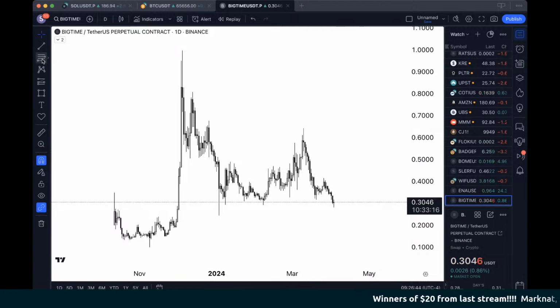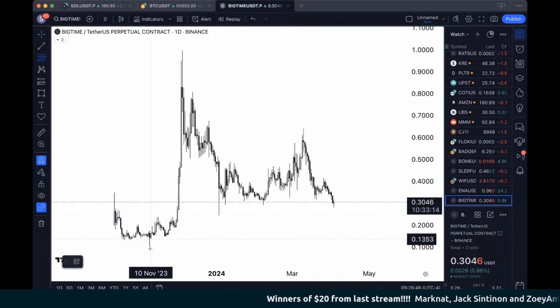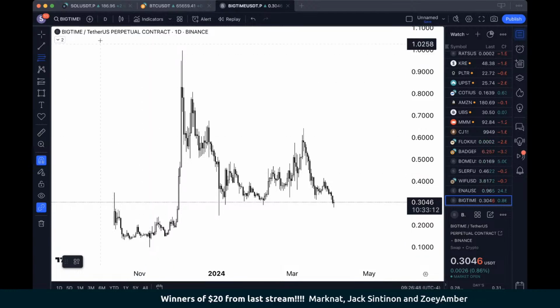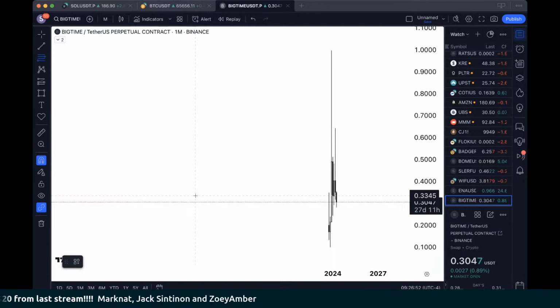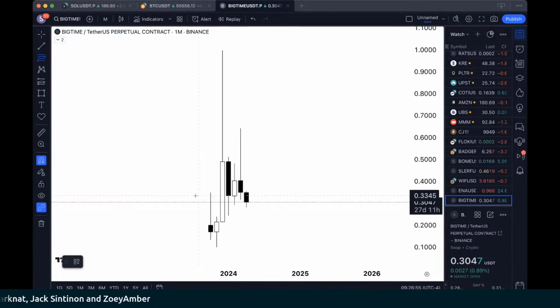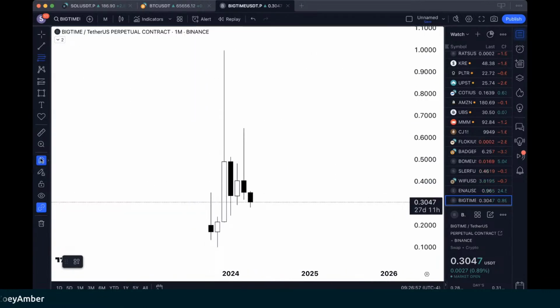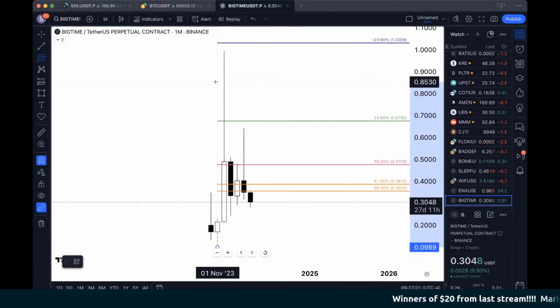There's a lot more here. Basically, make sure your magnet is on. Take the fib left to right.